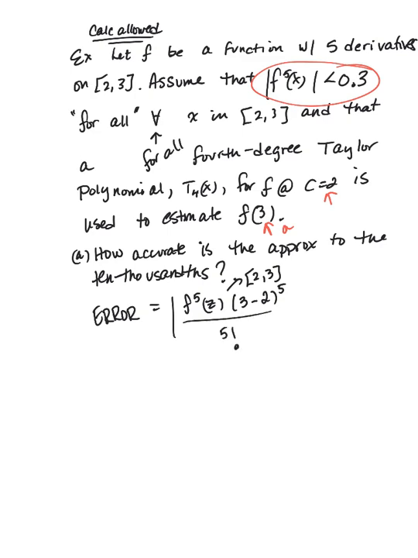So this would be the error. We don't have the exact error, so we're going to bound it by saying it's less than or equal. Now in our case it's going to be less than, because it said the 5th derivative was less than. But normally we're going to say less than or equal to, so I'll just put this in red for you. Normally. Not here though.